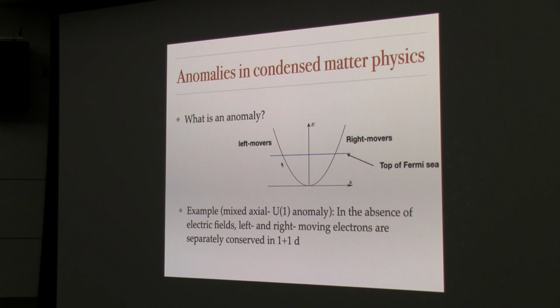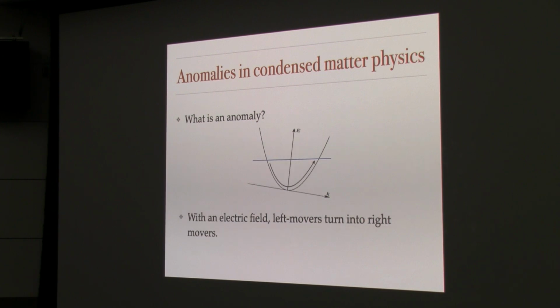And the observation is that if I just have these fermions here, and in particular there's no background electric field, the number of right movers and left movers are separately conserved. It's quite a natural thing to write down. But if you turn on a chemical potential, that's like tilting the surface of the Fermi sea relative to your momentum states.